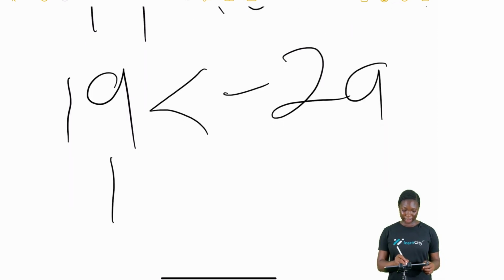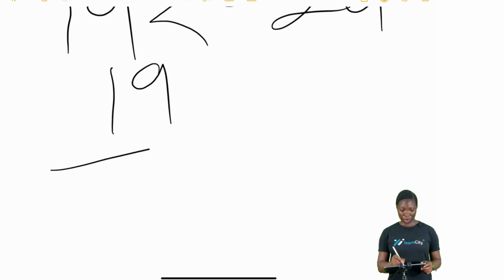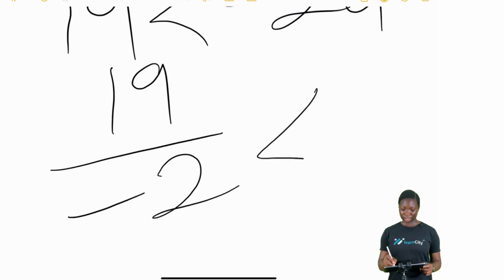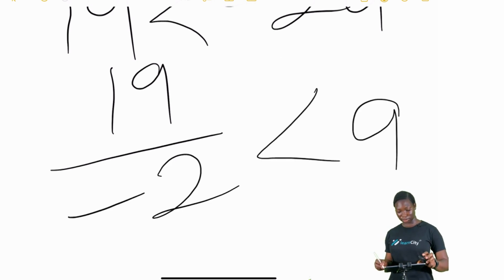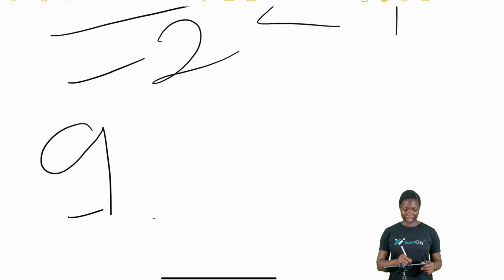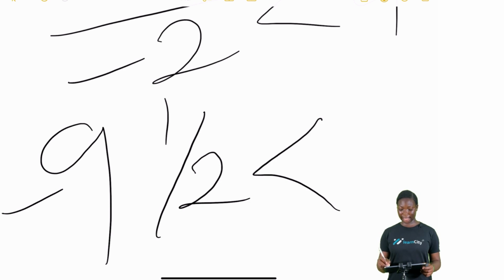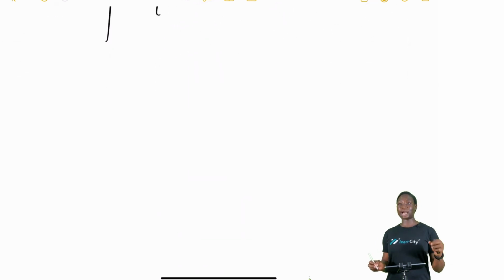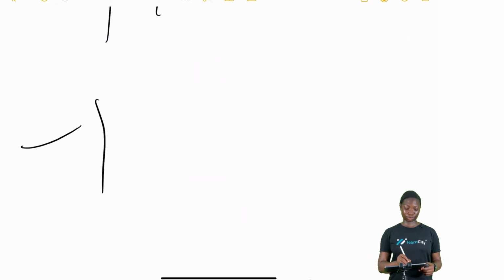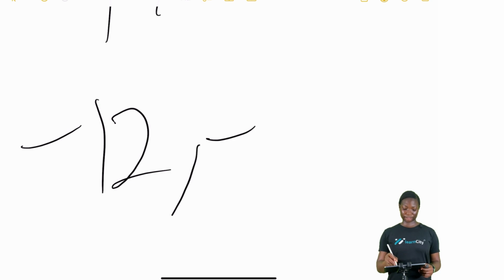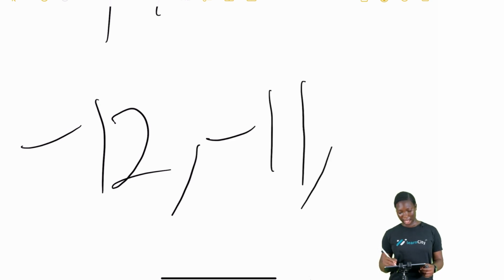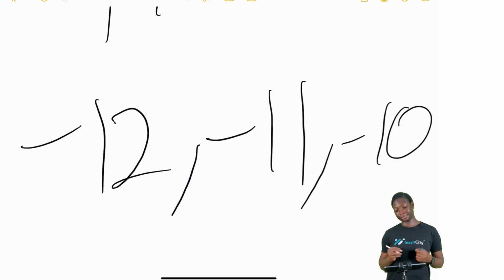So we have 19 over minus 2 less than a. Here we have minus 9 whole number 1 over 2 less than a. So the numbers here will be minus 12, minus 11, and minus 10.